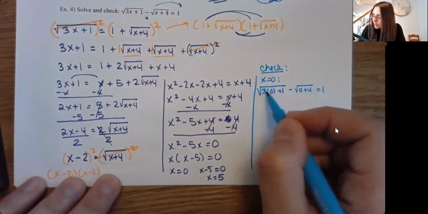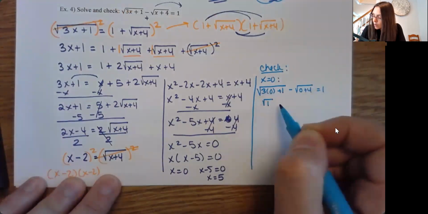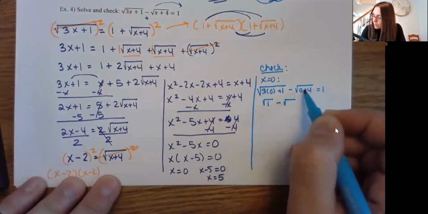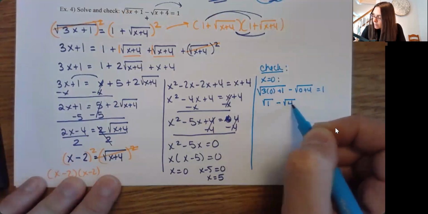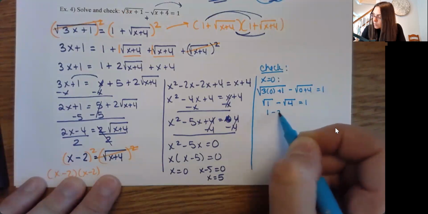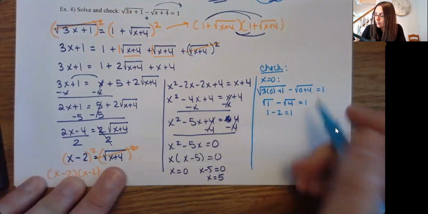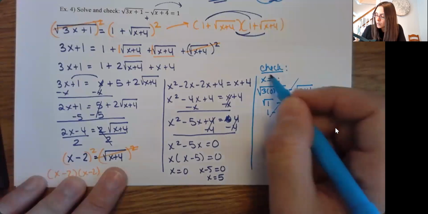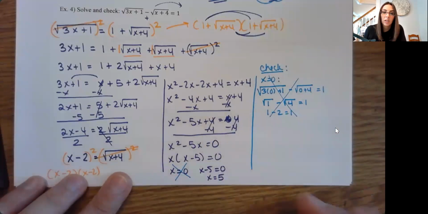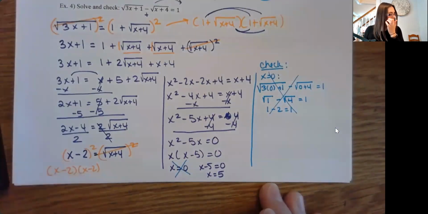Well, 3 times 0 is 0, plus 1 is 1. So I have square root of 1 minus 0 plus 4 is 4. And this becomes 1 minus 2, which is not positive 1, it's negative 1. So this is not working, which means that x equals 0 must be an extraneous solution here.